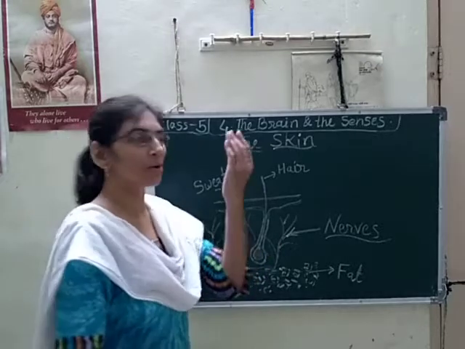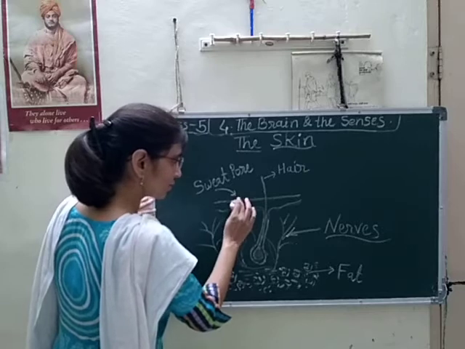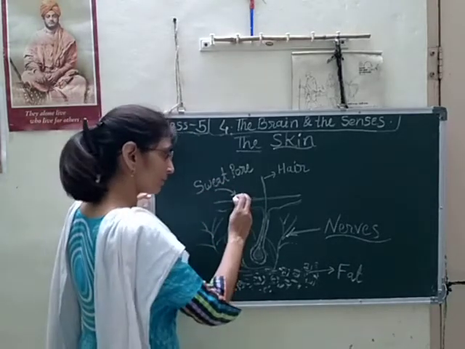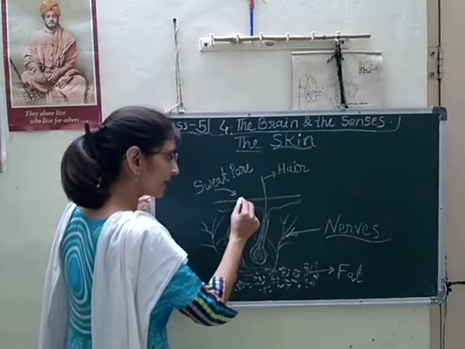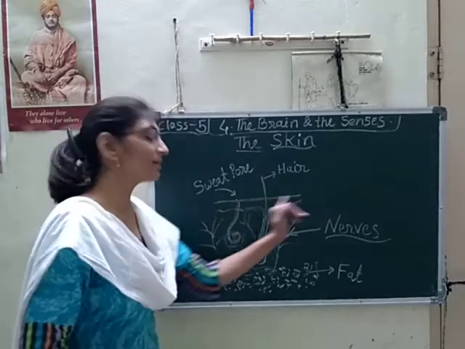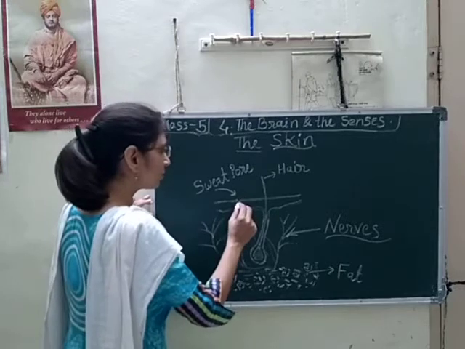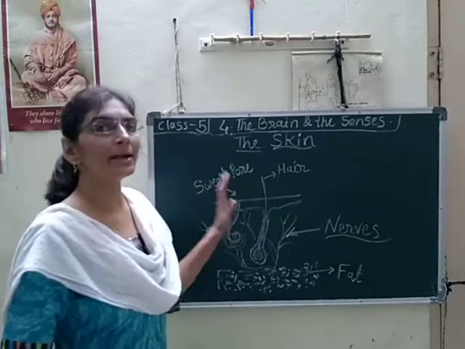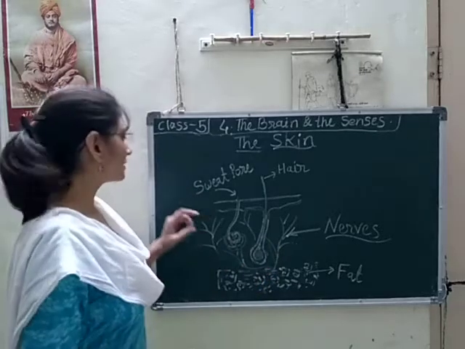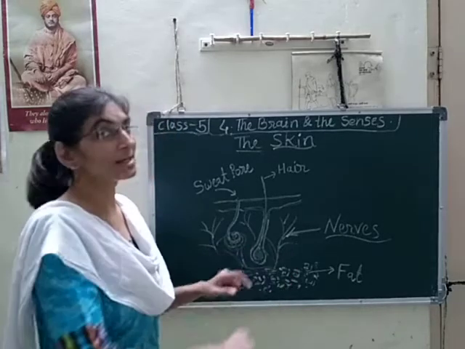I have shown one pore here for your understanding; pores are present all over the skin. So through this pore, sweat comes out of our body. So this is the pore for sweating.